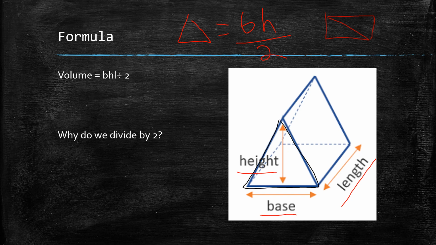So your formula is going to be base times height times the length of the shape, and we are going to divide by 2. Just like when we worked with the area of a triangle, if the base is an even number, you can divide it by 2 before you multiply, or the height, or in this case, even the length.